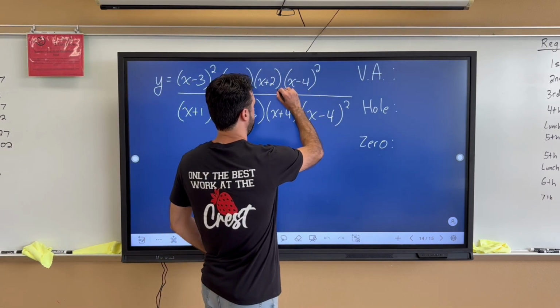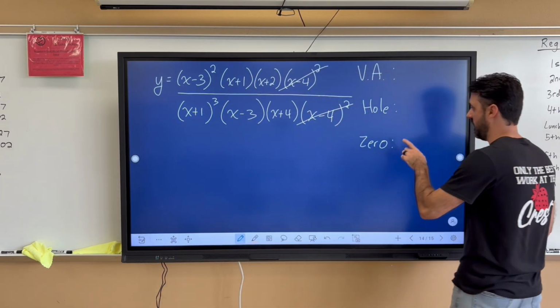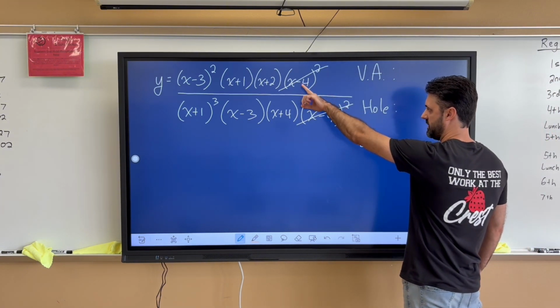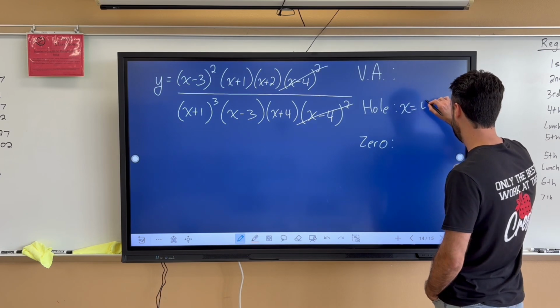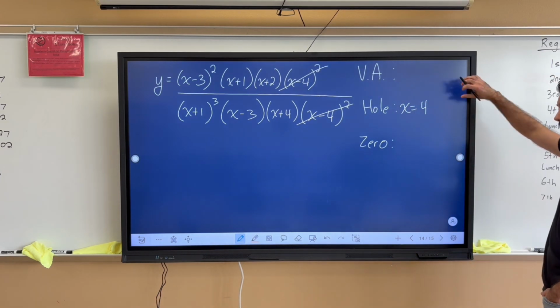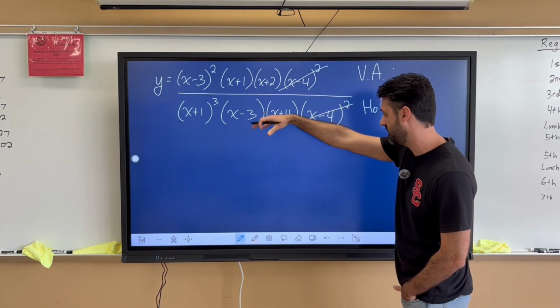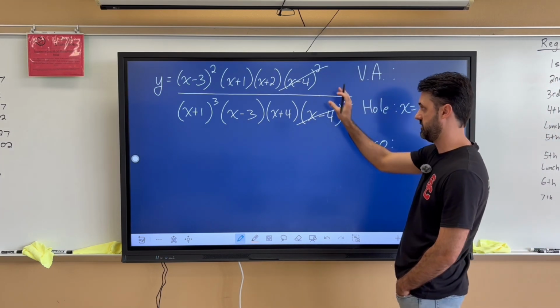So the x minus 4s cancel. Remember, anything that cancels automatically becomes a hole. So we're going to set x minus 4 equal to 0, and that's going to give us x equals 4. Normally we're going to have to get the y coordinate of the hole. We're going to hold off on this problem just because of how much is here. But the x coordinate of the hole is x equals 4 because those completely cancel.